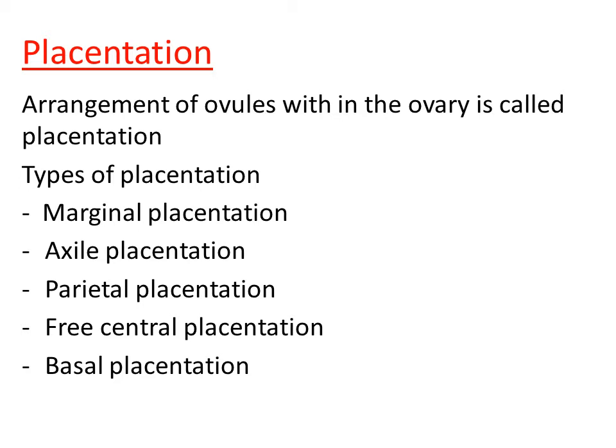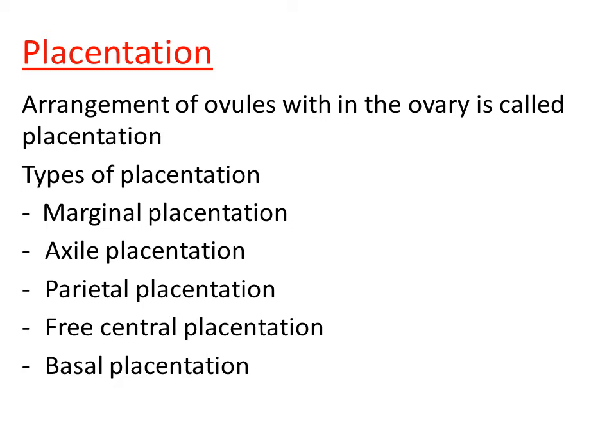So you have to remember one thing, that only based on the position of placenta we are going to tell the placentation of the flower, right? So how many types are there in the placentation? There are 5 types: marginal placentation, axial placentation, parietal placentation, free central placentation, and basal placentation.